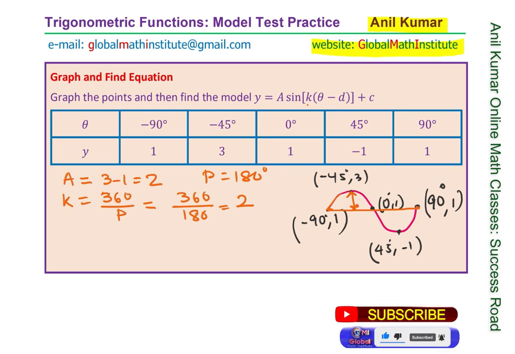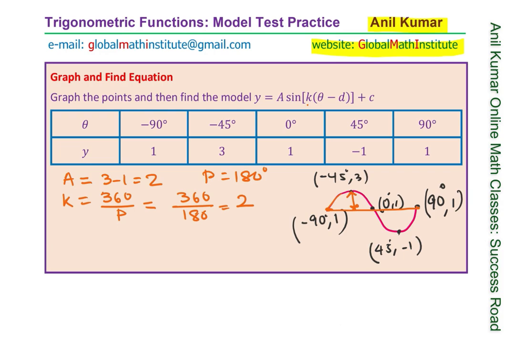Now, the sine wave starts from the axis at minus 90. It means it moves 90 units left, and therefore the value of d is equal to minus 90. Since the axis is at 1, the value of c is equal to 1.